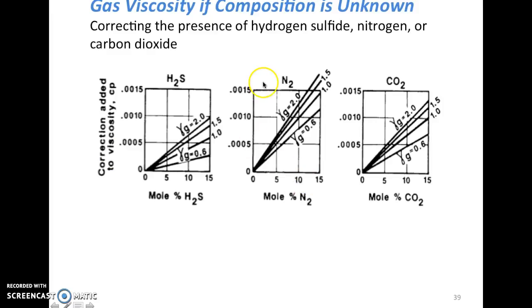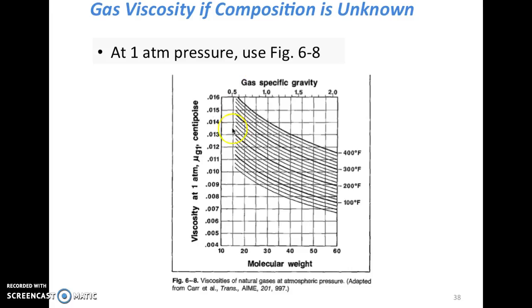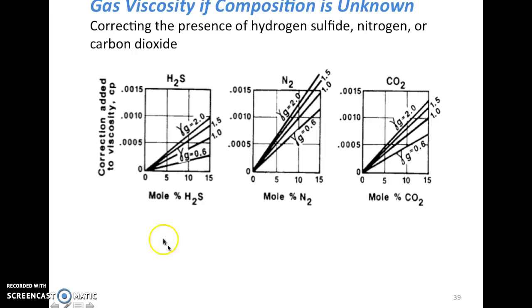So again, you measure the gas viscosity using the previous correlation, figure 6-8, and by knowing the percentage of the non-hydrocarbon value, for example, for H2S, nitrogen, or CO2, you read the amount of viscosity that you have to add to the value of the viscosity that you have. So this is the correction that we have.